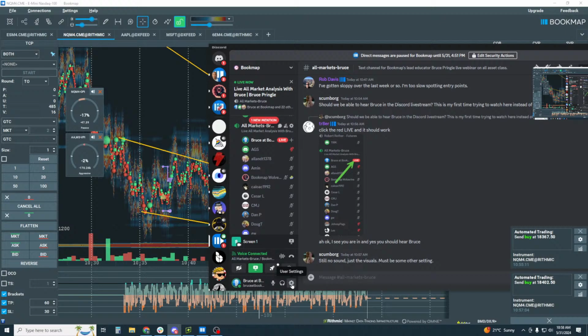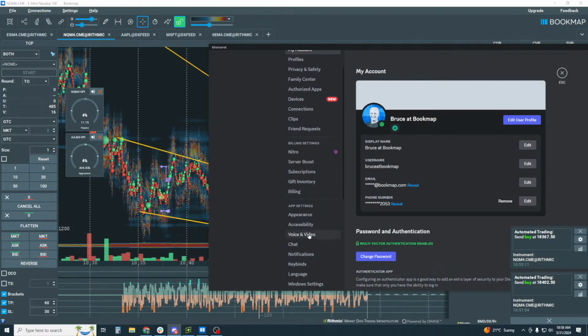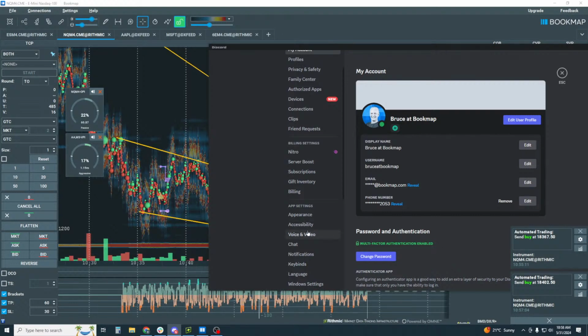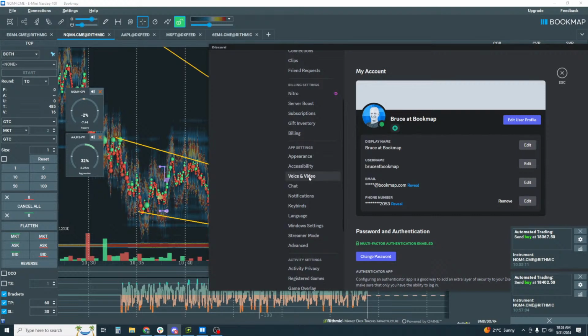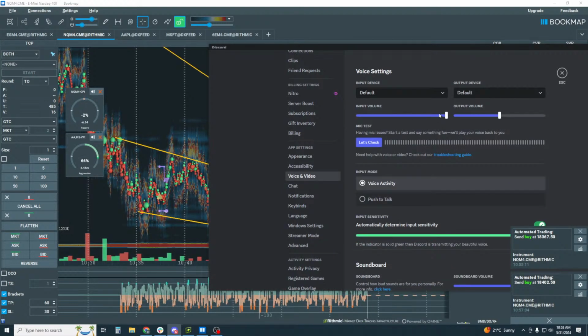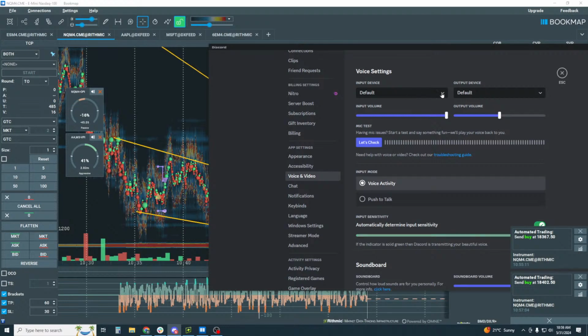Okay, you might need to configure it, so click on that, and then you can go in to your sound settings, voice and video, or is there sounds? I think just voice and video. Yeah, and you can check it here. So do your audio check, do your mic check, etc. Okay, and here's your output that you can test.